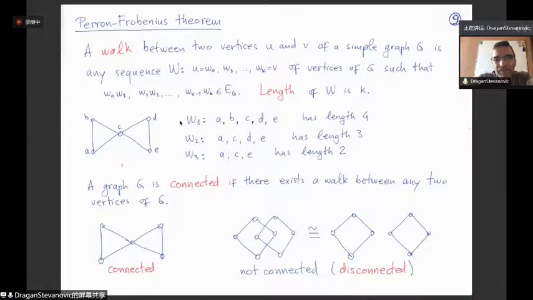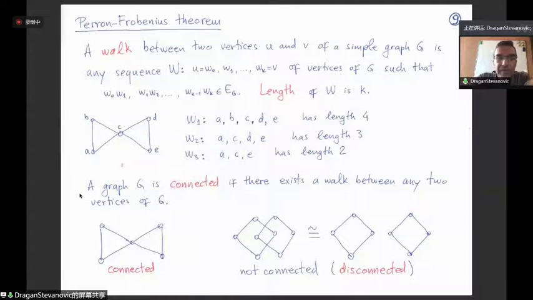Over here we have examples of 3 different walks between vertices A and C. We can go from A up to B, then to C, up to D, and down to E. Or we can take a shortcut and go from A straight to C, then follow to D and back down to E. Or we can take just the shortest walk, going straight from A to C, C to A, and these 3 walks have different lengths.